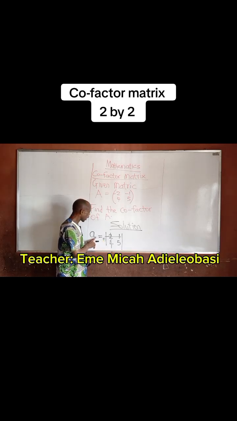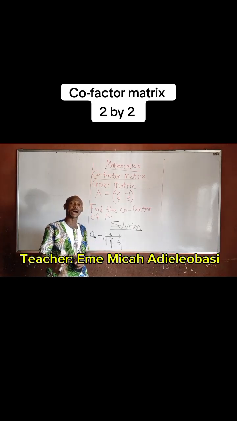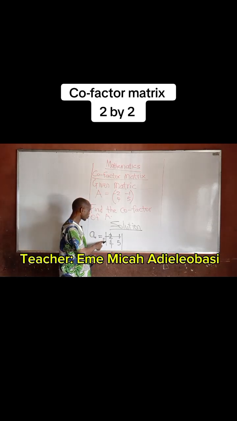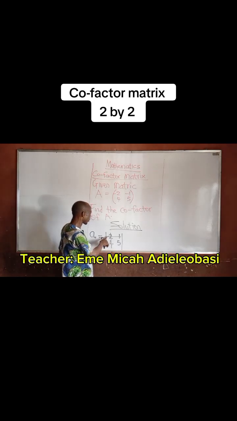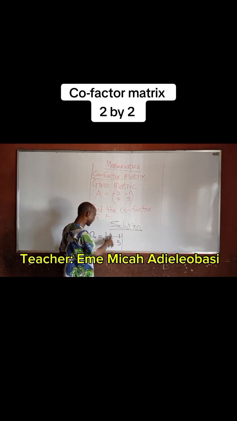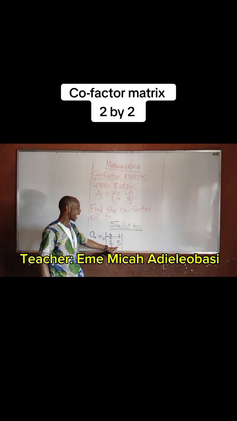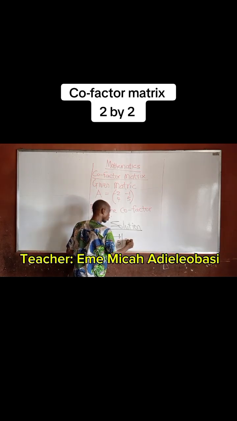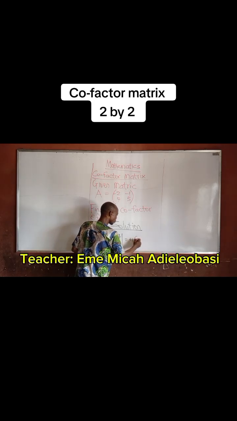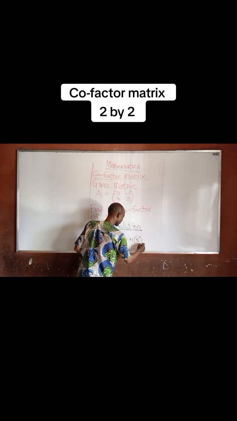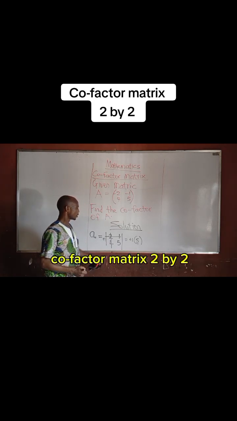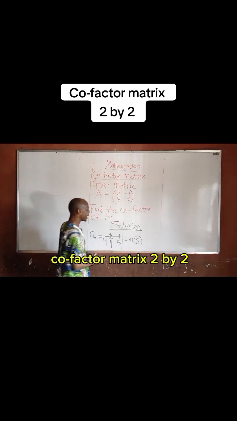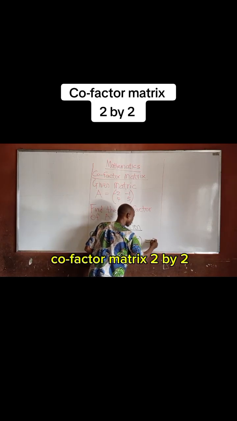But if the sum of the row and the column number is an odd number, we'll be multiplying with what? Negative. So now let's look at this. When we close the first row and the first column, what do we have? This is equal to plus 1 times 5. So our answer is equal to 5.